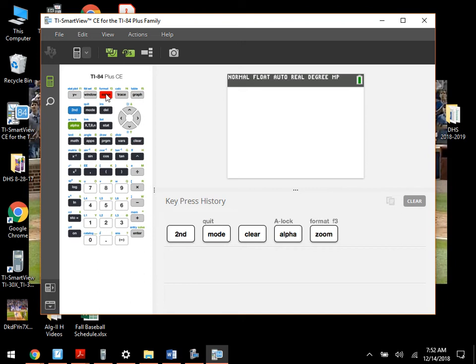Alpha Zoom. Remember that? Alpha and all the different shortcut keys are generally at the top. Those are going to be your best bet. And remember, the idea is that you have 2 equations, 2 variables. So we're going to create a 2 by 2 matrix. So we have 2 rows and 2 columns.